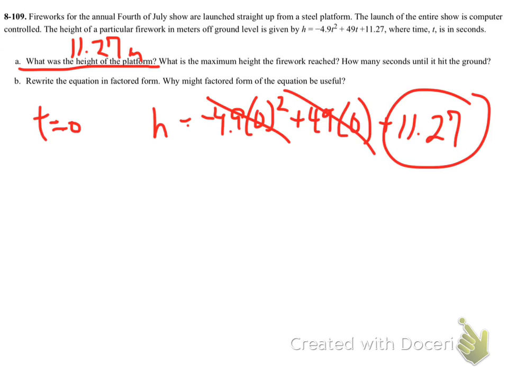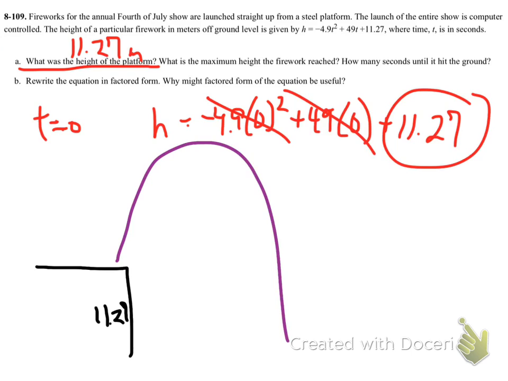So then the maximum height. If we think of a quick picture of this, it's already starting off 11.27 meters above the ground. The fireworks are launching from there and coming down. So the maximum height is going to be the vertex of this parabola. There's a couple things I could do. I could complete the square with that equation and find my vertex that way.